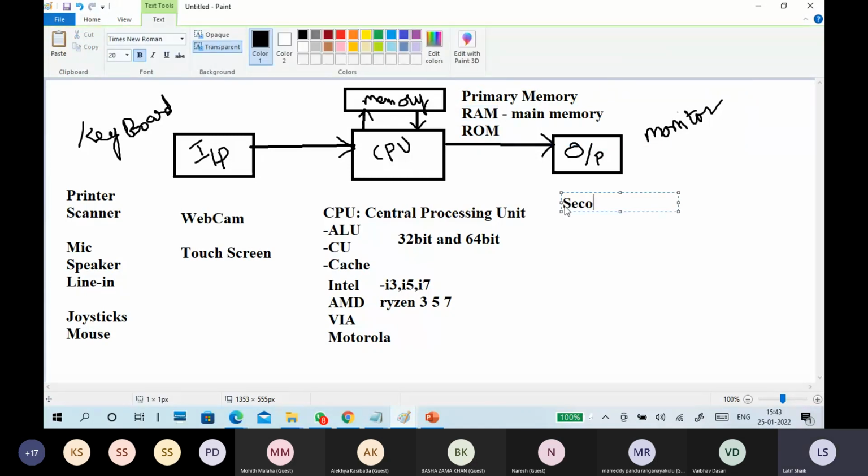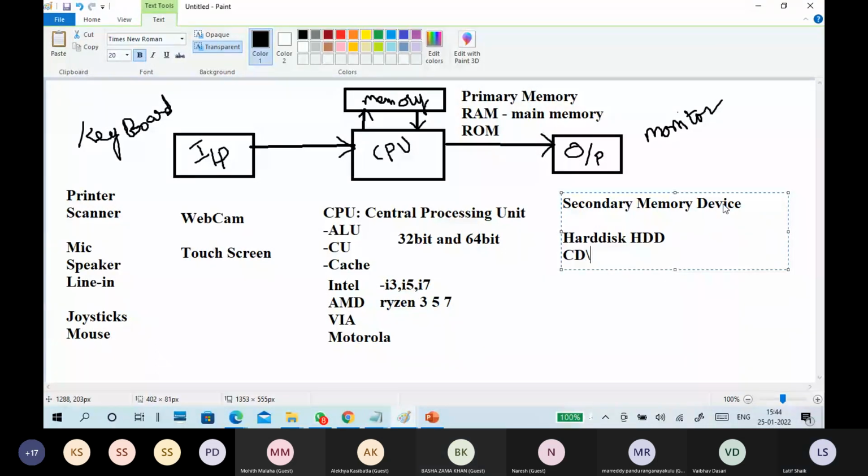This is secondary memory. Secondary memory devices are your normal hard disk, HDD, CD-ROM, CD, DVD, and optical drives.